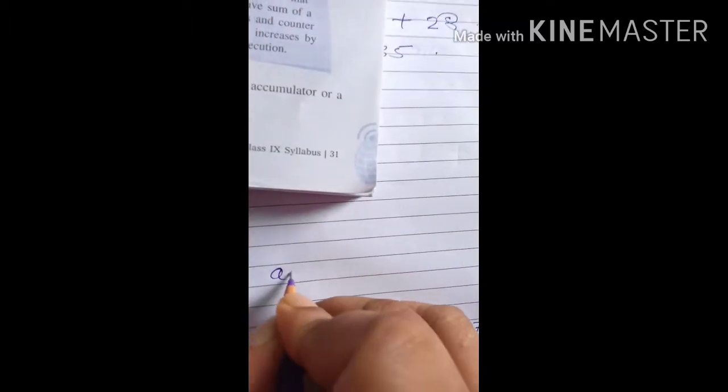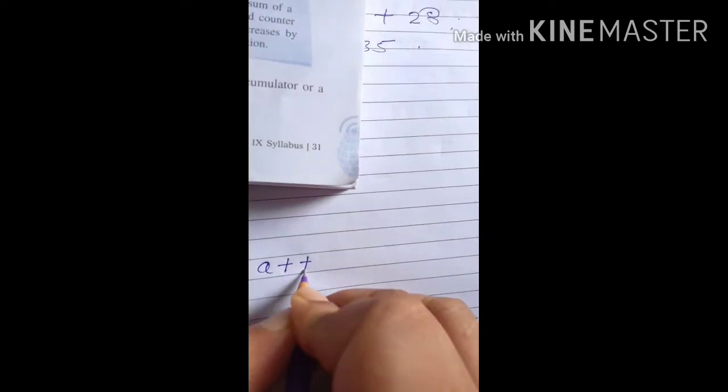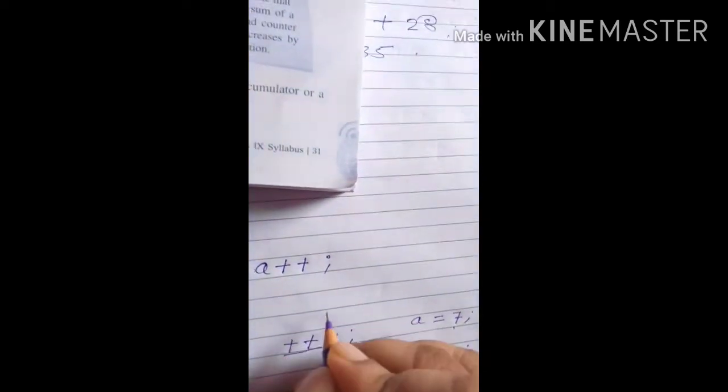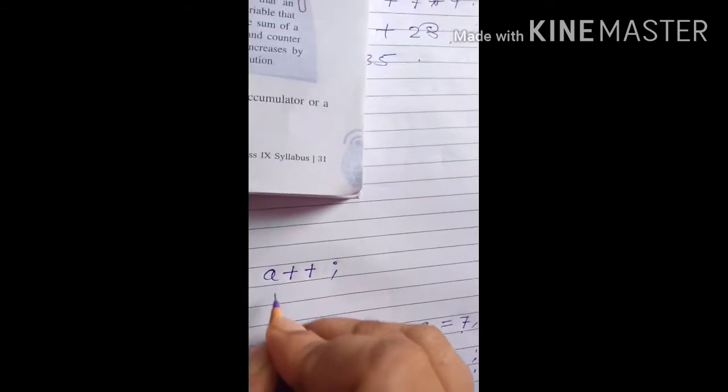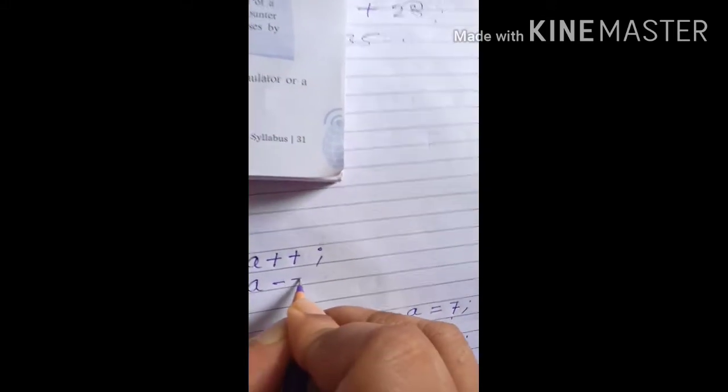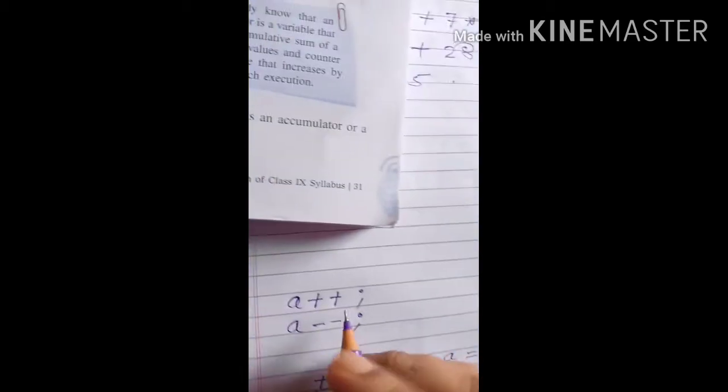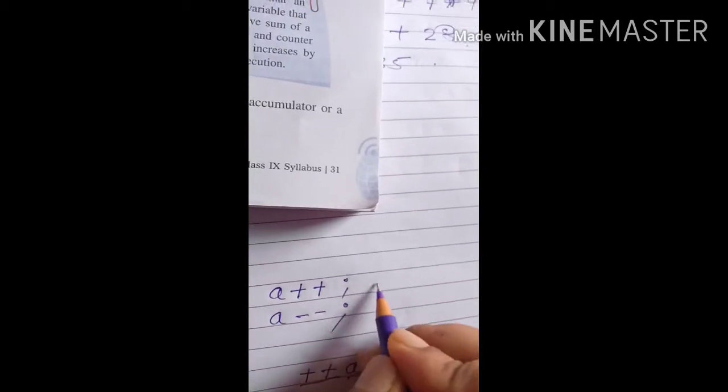Increment or decrement operators written after the operand. After the operand we have to write the increment and decrement operators, like a++. So this is called postfix. a--, this is called postfix increment and postfix decrement.